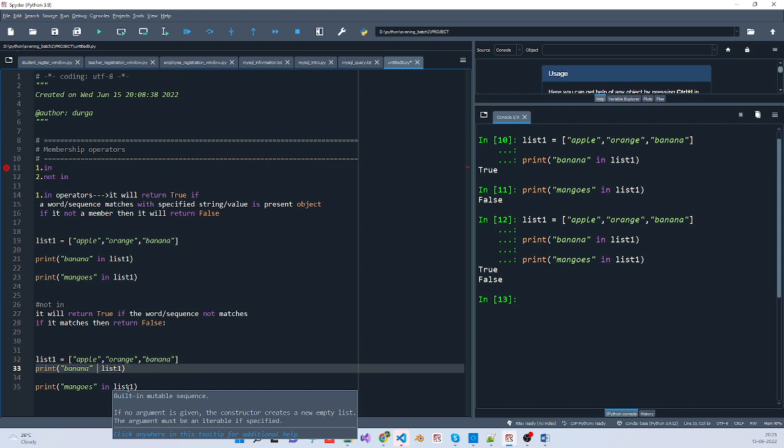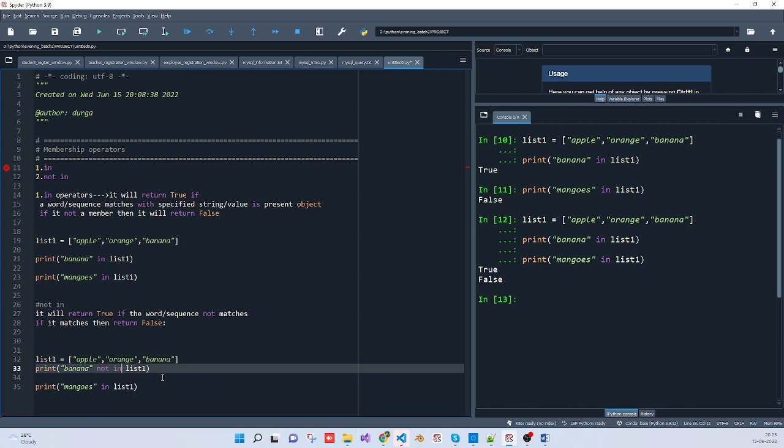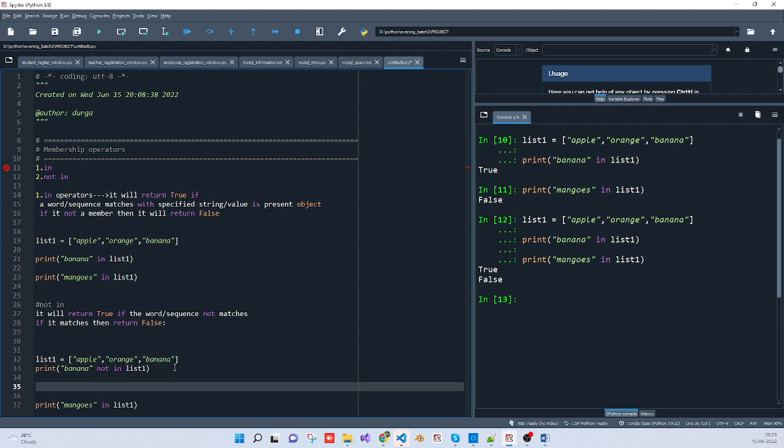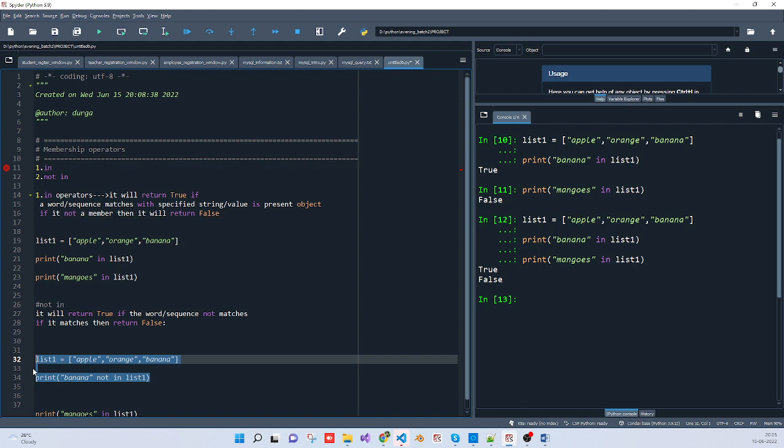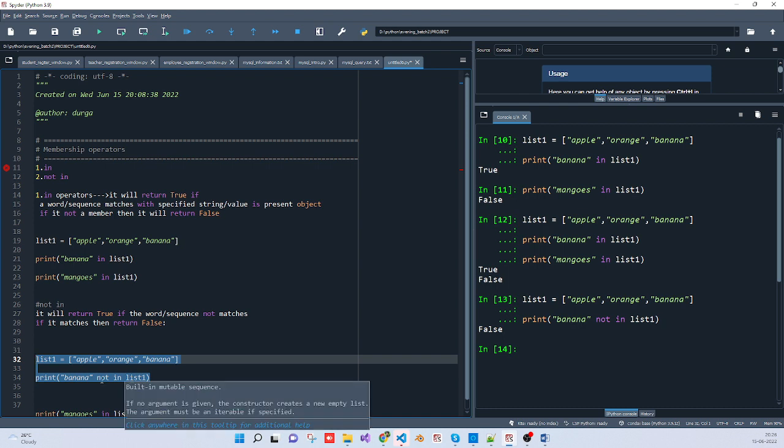Actually, banana is a member of list one, but we are saying it is not a member, so the result is false. Why? Because it is already a member, and we are telling it is not a member.